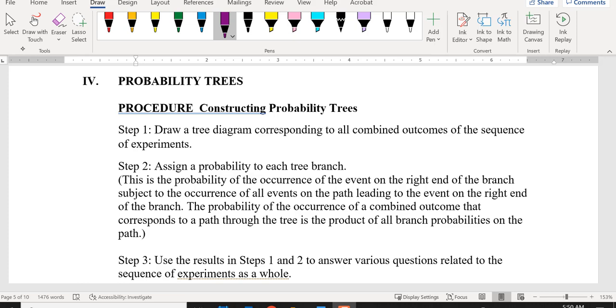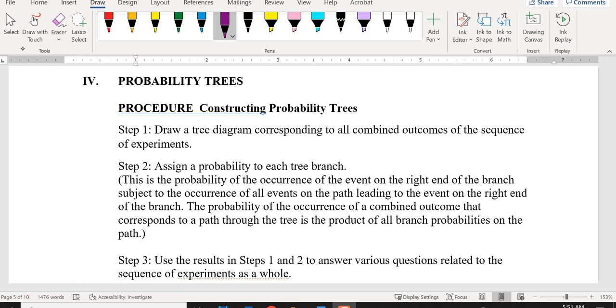This probability is the probability of the occurrence of the event on the right end of the branch, subject to the occurrence of all events on the path leading to the event on the right end of the branch. The probability of the occurrence of a combined outcome that corresponds to a path through the tree is the product of all branch probabilities on the path. And I'll show you what that means in a second.